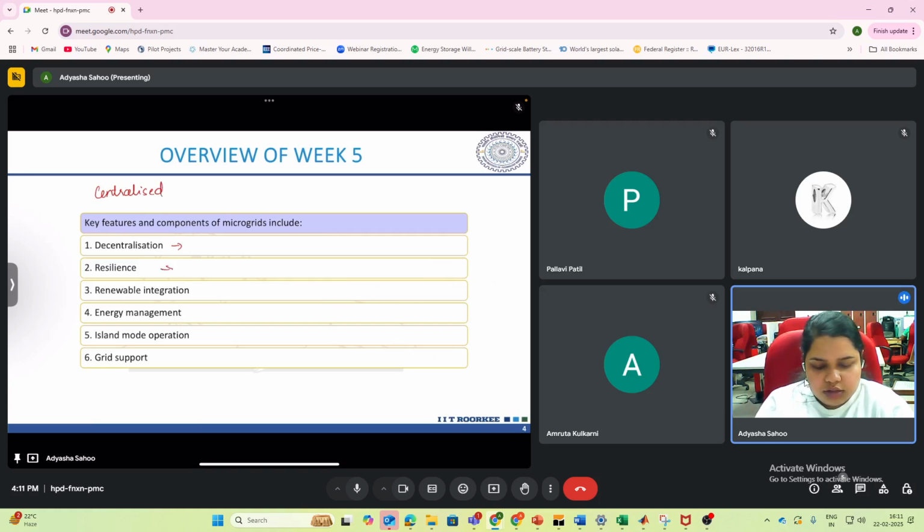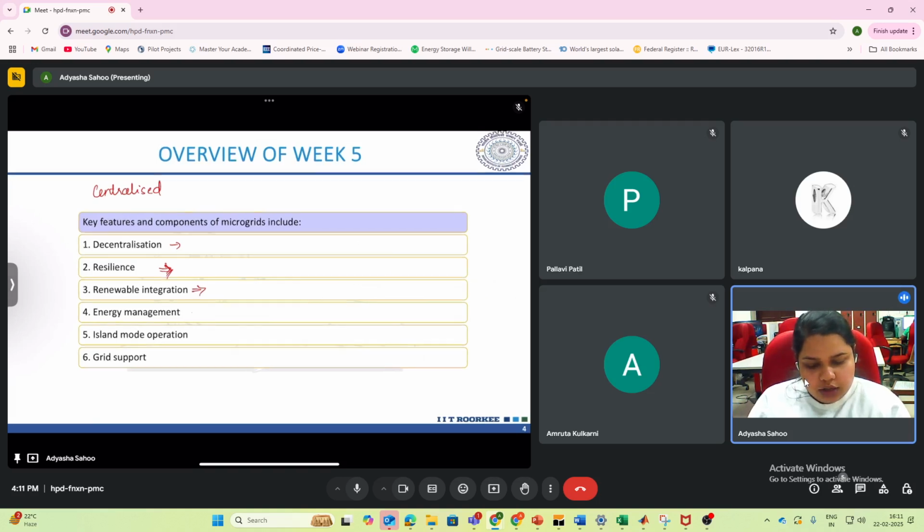Then resiliency, which we have seen multiple times. The resiliency and efficiency increase due to the addition of these distributed energy resources closer to the loads. Then it allows the integration of renewables and energy management.